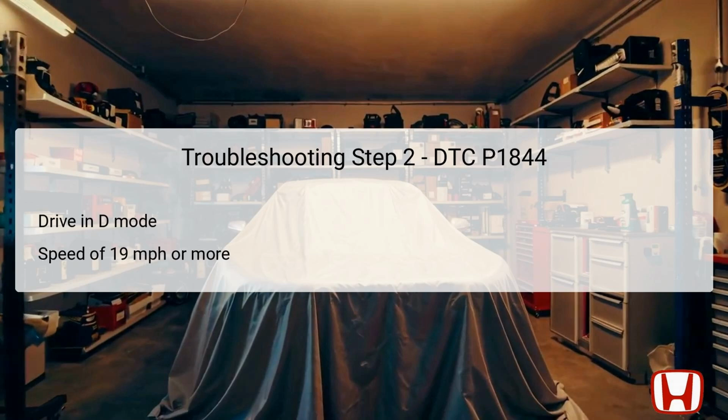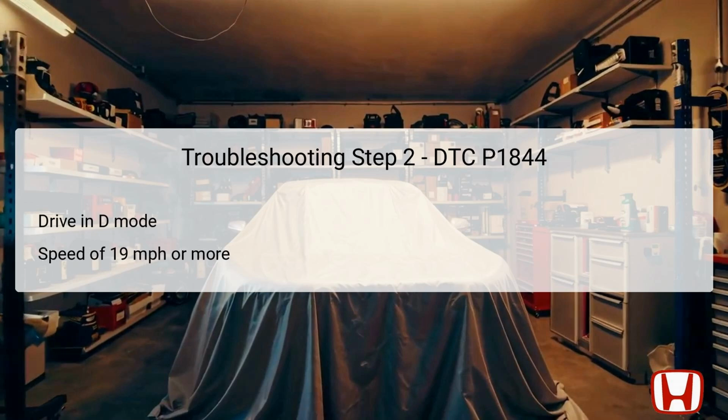Next, it's essential to drive the vehicle in drive mode while maintaining a speed of 19 miles per hour, 30 kilometers per hour or more for a minimum of 5 seconds. This particular step is crucial as it simulates normal operating conditions under which the CVT would typically function. At this speed, the drive pulley speed sensor should be actively engaged in sending real-time data back to the TCM.